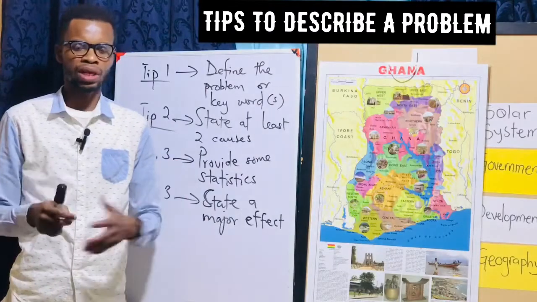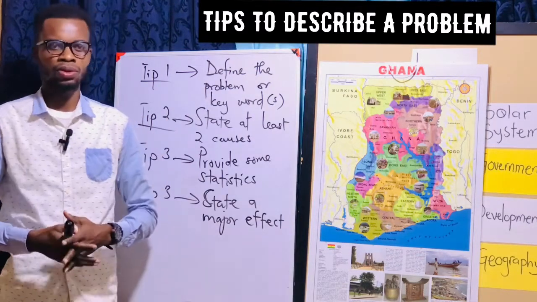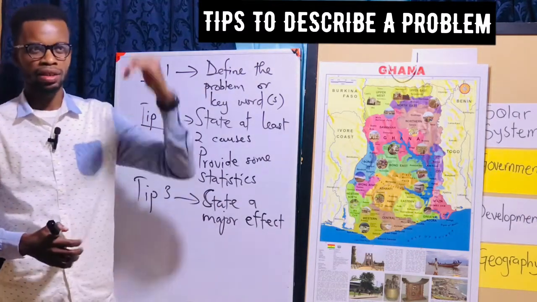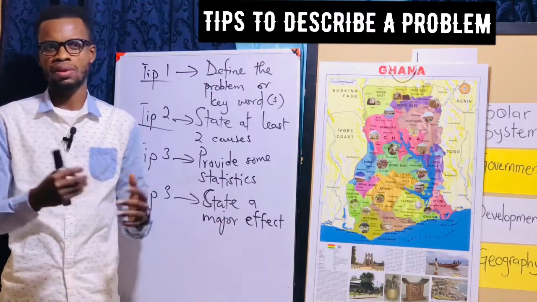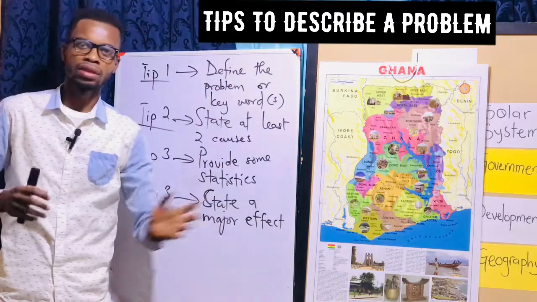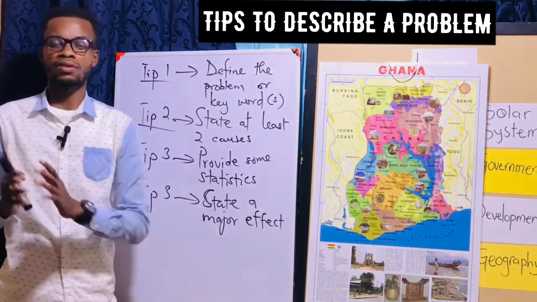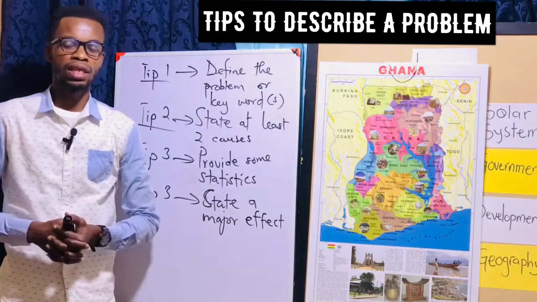You can also pick an issue about electoral malpractice, which is a political problem. Or coup d'etat, where you can give records about the successful coup d'etats that have occurred in our history, starting from 1966 and then to the 1980s.